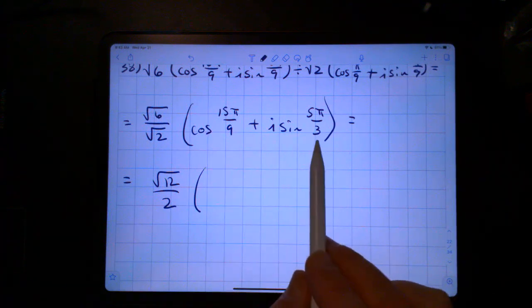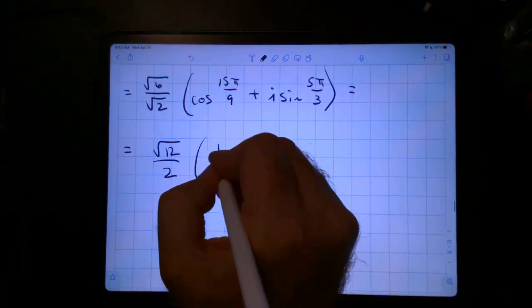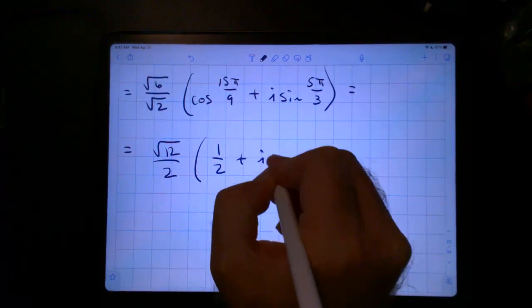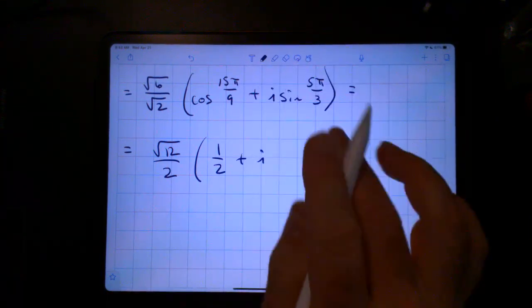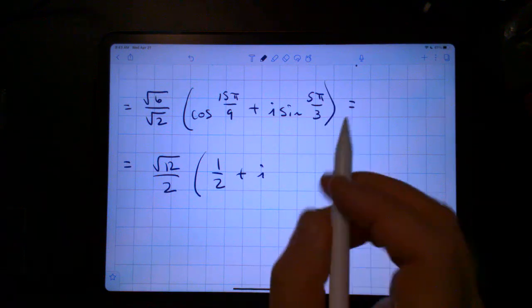So cosine of 5 pi over 3 is going to be a positive 1/2. And sine of 5 pi over 3 is going to be negative radical 3 over 2.